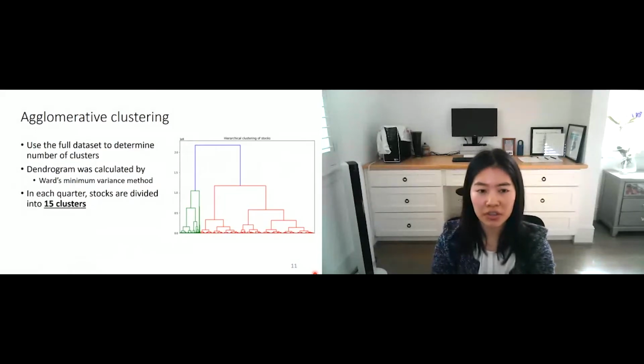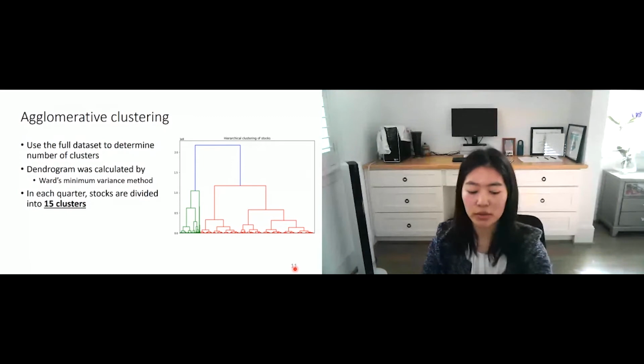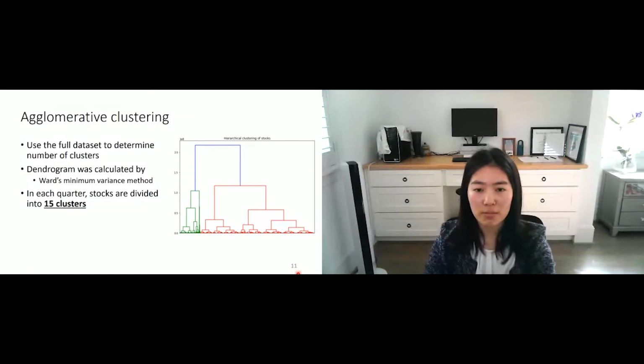And in agglomerative clustering, we have each stock starting out in an individual cluster, and then we hierarchically link clusters together based on a linkage criterion. And our criterion was to minimize the sum of squared differences within a cluster.